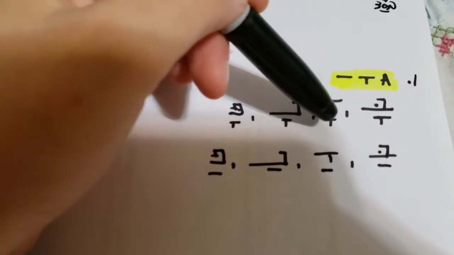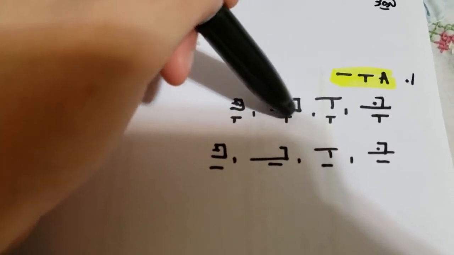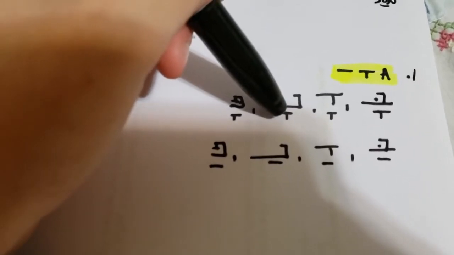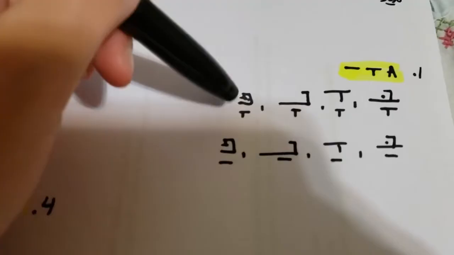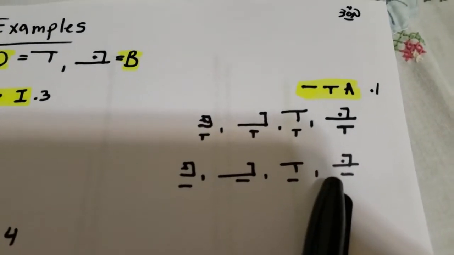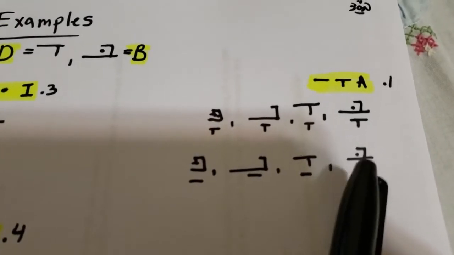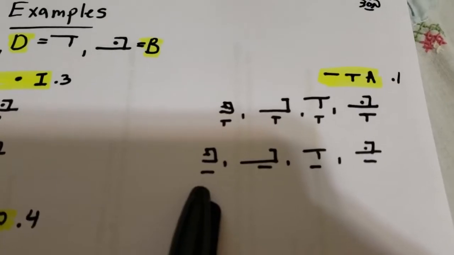Daled, which is a D with kamatz under, is da. Nun, which is an N with a kamatz under, is na. Pei with a kamatz under is pa. Same thing here with the patach. It's the same sound. So it's ba, da, na, pa.